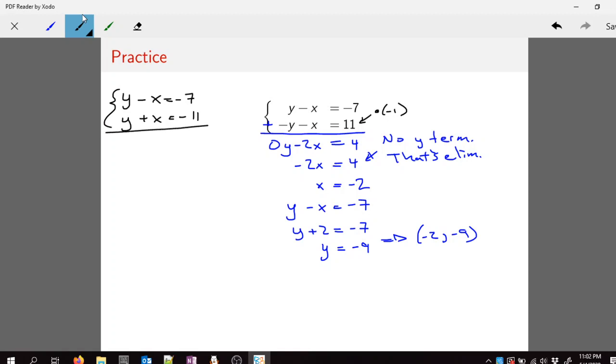Now when I add this new changed system, I'll get 2y is equal to negative 18, or y is equal to negative 9, which is exactly what I got after substituting x. So I can change using multiplication to get a different variable to eliminate. I can change both sides of one of those equations using multiplication. That's key to the flexibility of elimination.